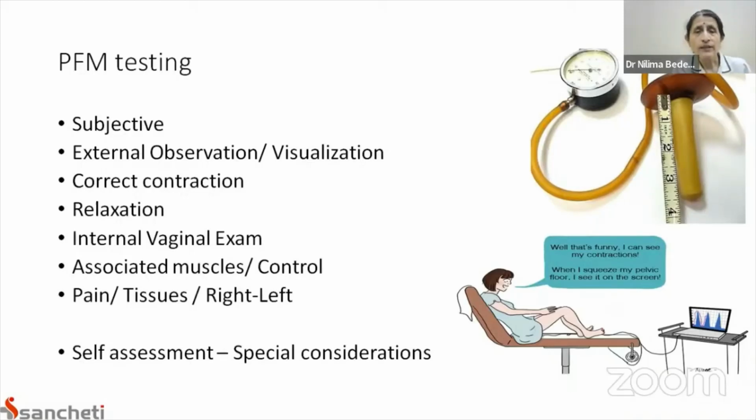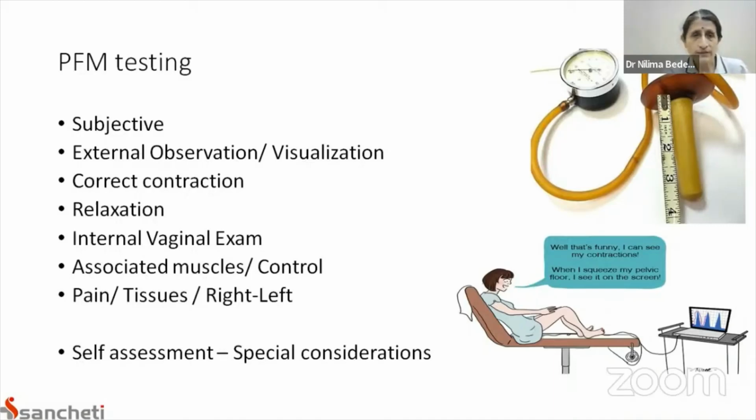So we should be doing an internal examination, which is the gold standard, or we can use other objective measures, such as electromyography, or another test which measures pressure.